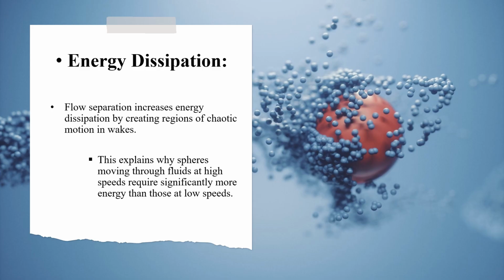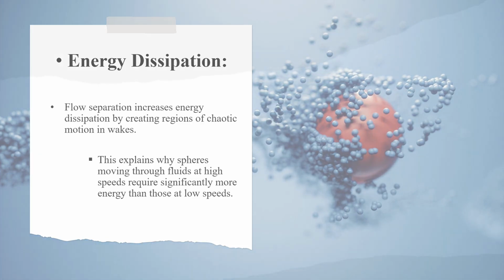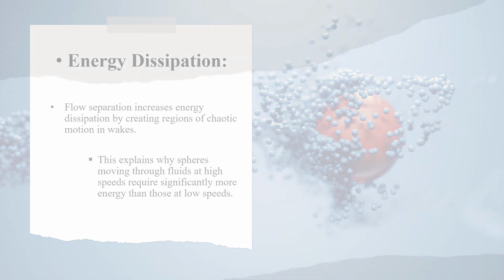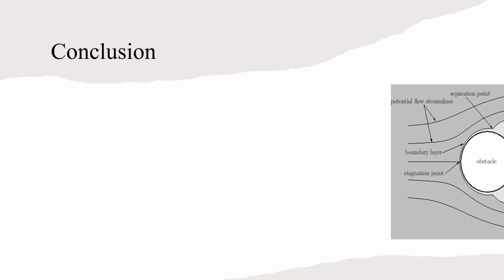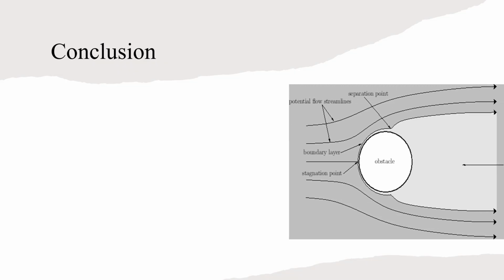These regions of turbulence increase the amount of energy lost in the form of heat and chaotic motion. For spheres moving at high speeds or with high Reynolds number, the wake becomes more turbulent, leading to greater energy losses. This explains why objects moving at high velocities through fluids require significantly more energy to maintain their speed.